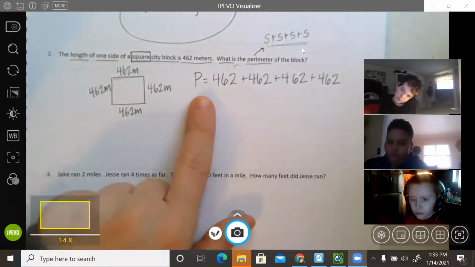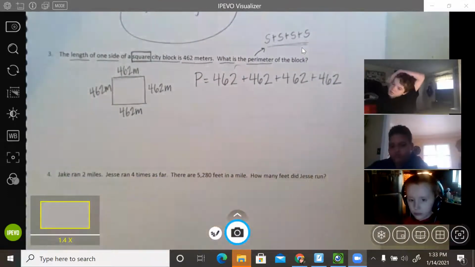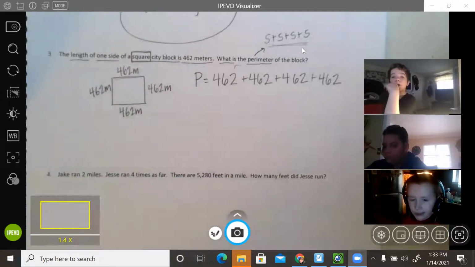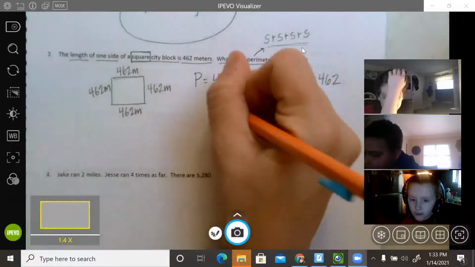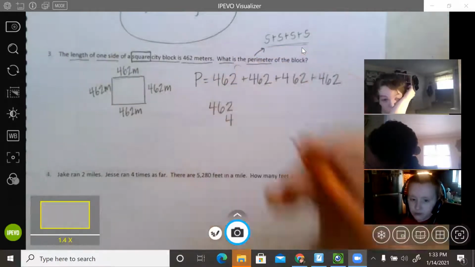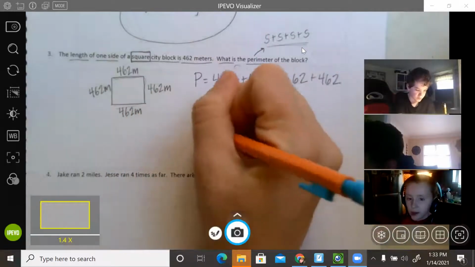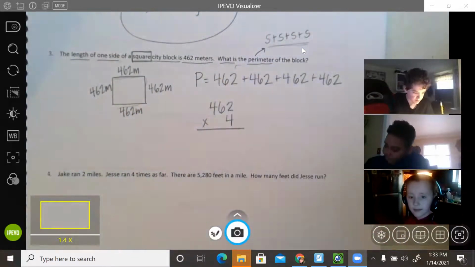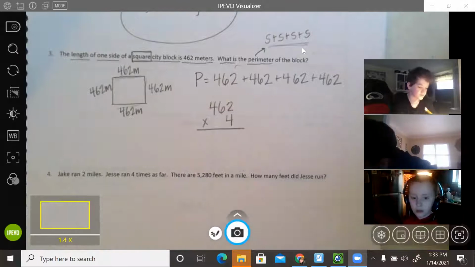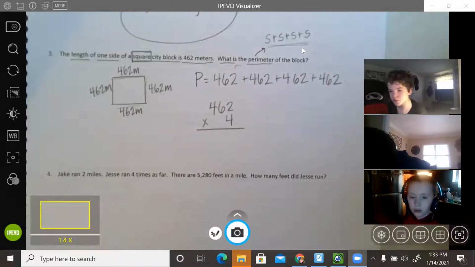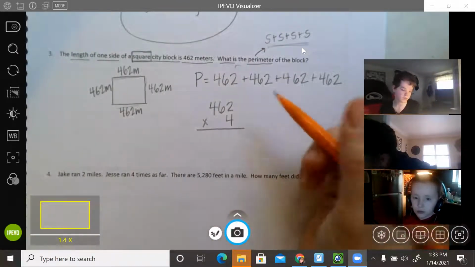So you could use addition and add up all those sides. But Brian realized, well, they're all the same. So instead of adding over and over again, he said, I'm going to multiply 462 times 4 because there's 1, 2, 3, 4 of them. Brian, which method do you want to use to solve? Partial products or traditional? Traditional. Okay, go ahead and tell me what to do.